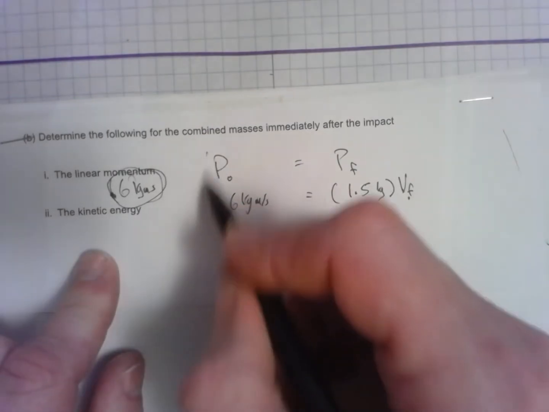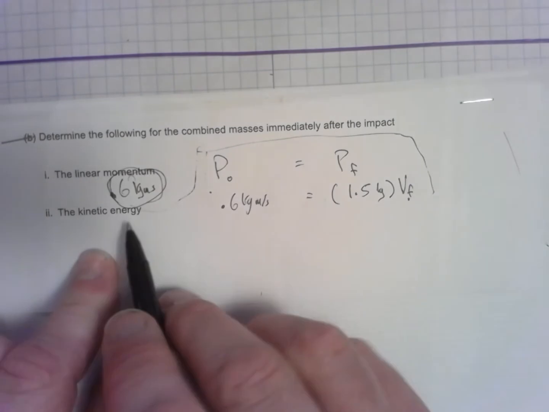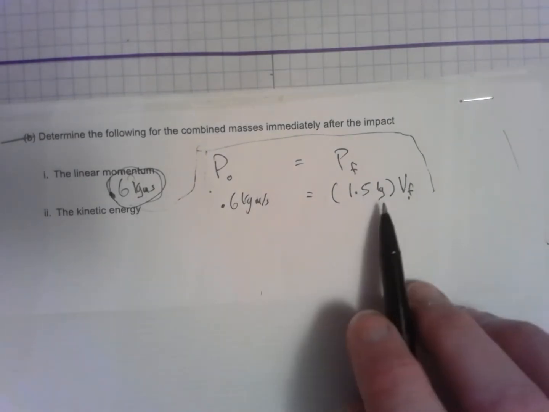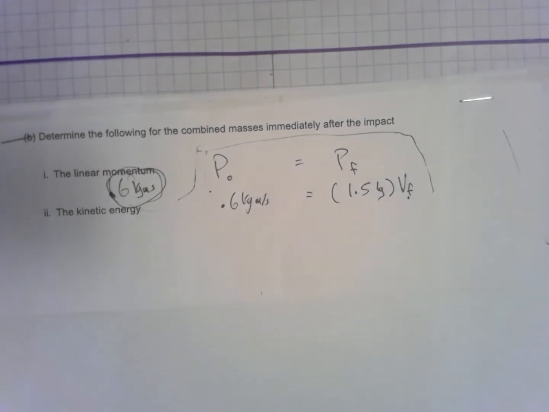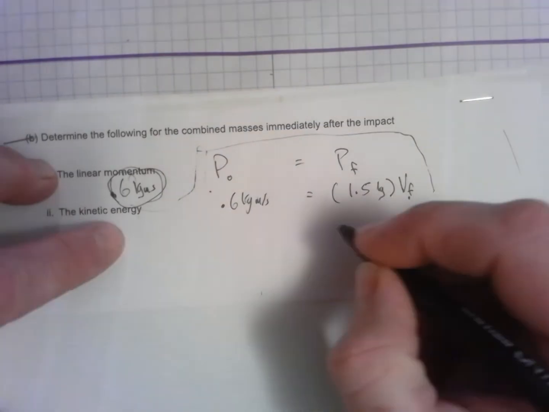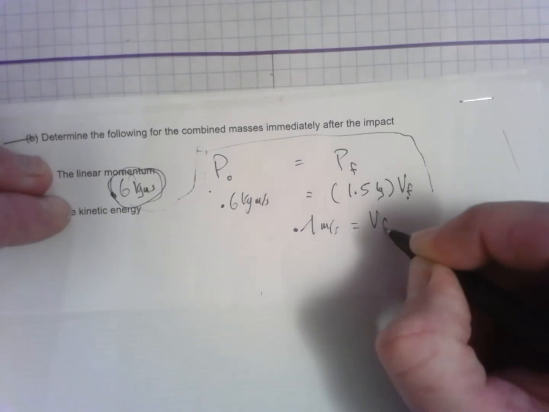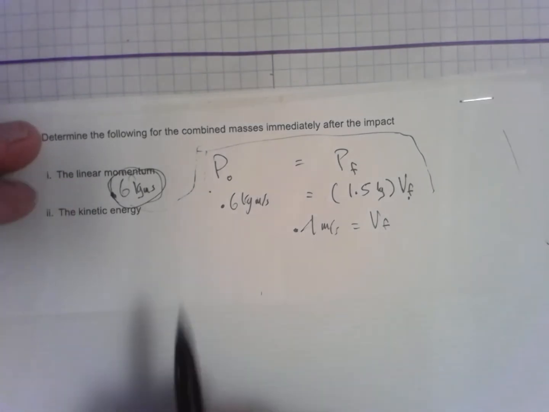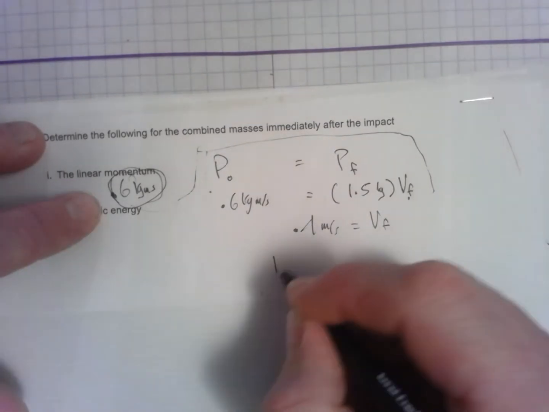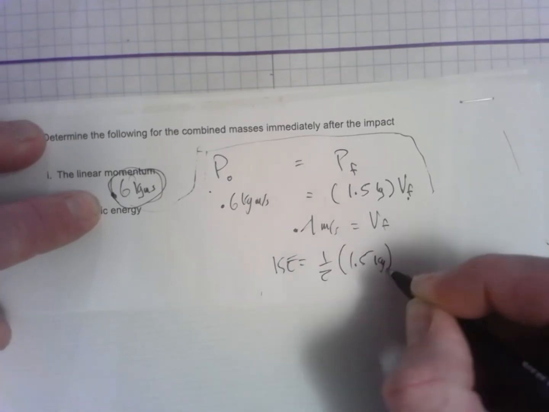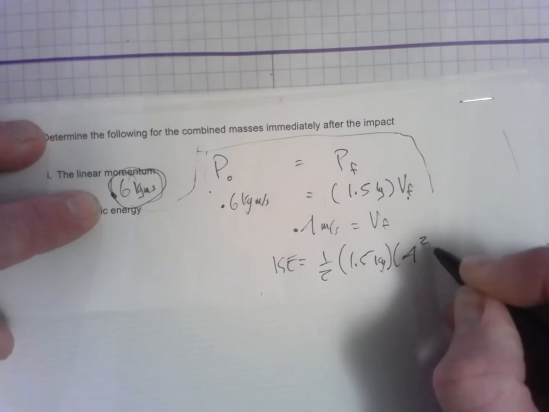Now, this actually becomes part of how to find that kinetic energy, because I need this velocity. This velocity is going to be 0.6 divided by 1.5. And that final velocity of the two combined is 0.4 meters per second. So the kinetic energy afterwards is going to be 1/2, 1.5 kilograms, because it's combined, times 0.4 squared.